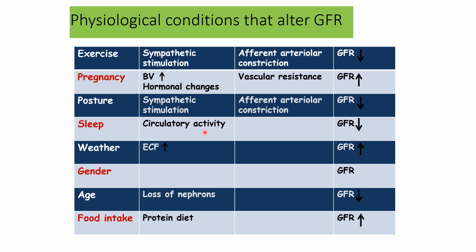And sleep, because circulatory activity decreases, GFR decreases. When extracellular fluid volume increases, GFR increases. Gender does not affect much. And age, because of loss of nephrons, GFR decreases. Food intake: a protein diet increases the GFR.